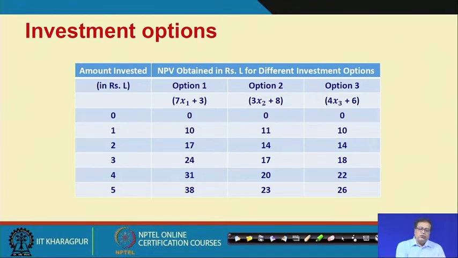As an example, for option 1, the NPV is 7x1 plus 3. So, obviously, this would be your 0, 10, 17, 24, 31 and 38. You can think of these as basically the xn. This amount invested is nothing but the xn, that is, how much amount you have actually invested in a particular investment option. So, that is the different options.